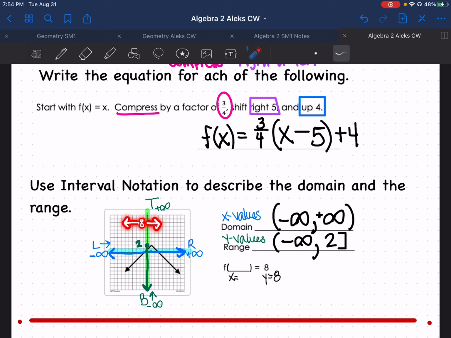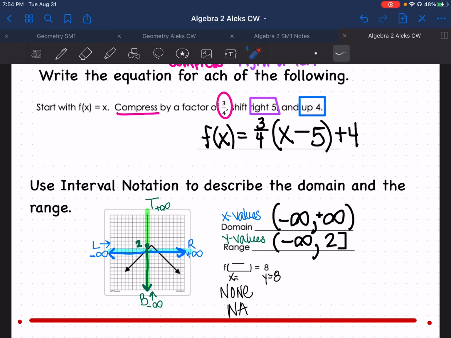There's no graph. So we're going to say none, NA, doesn't exist. There's no graph there. Because this was my y value and not my x value.